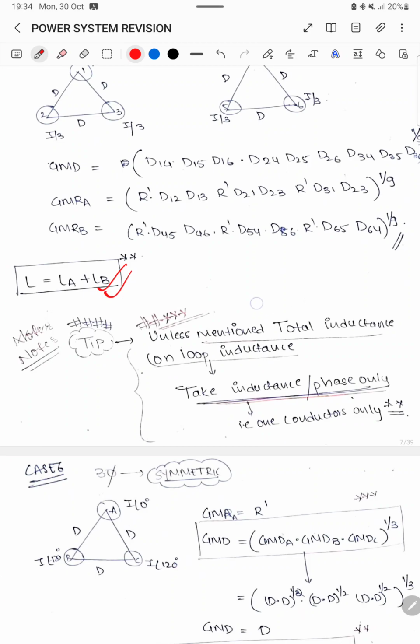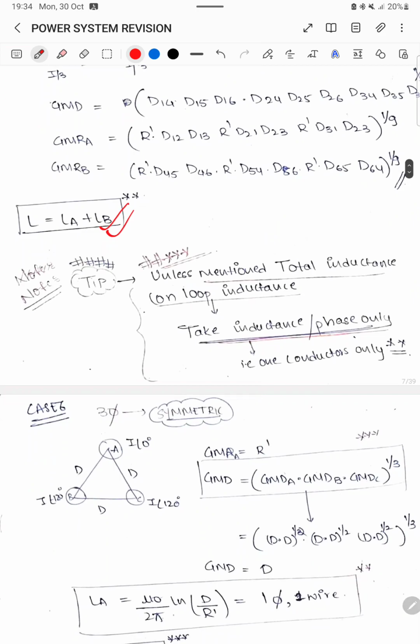Now one Mentos trick: unless it is mentioned in the question, whether it's single phase 2 wire, single phase single wire, whatever, unless it is mentioned total inductance or loop inductance, never take it as LA plus LB plus LC. Never ever do that.